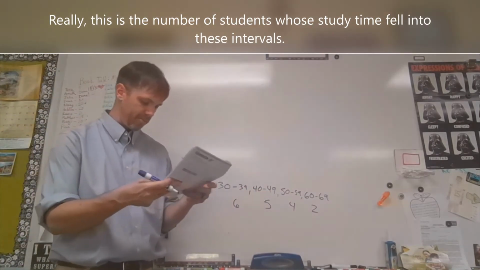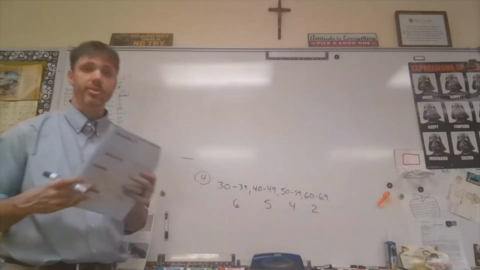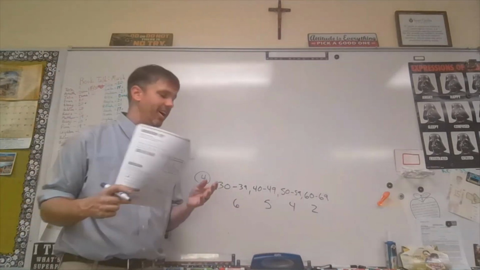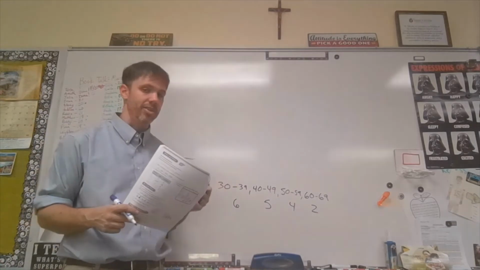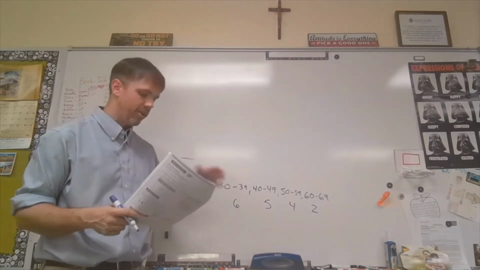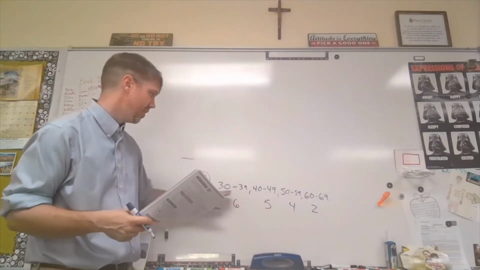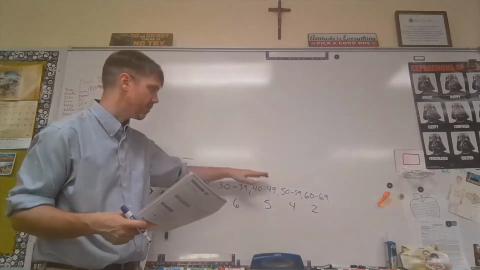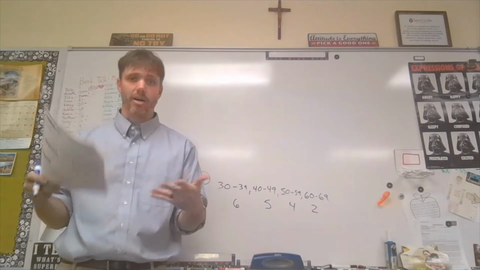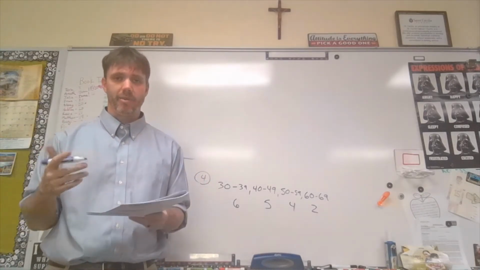One question that comes up in a later lesson, lesson 20, I guess that's the only lesson left, so it has to be that lesson, right? The question is, obviously here you have the information, but if I just gave you the graph that showed 30 to 39 goes up to 6, 40 to 49 goes to 5, that sort of thing, could you figure out what the true number is if you added everything up?